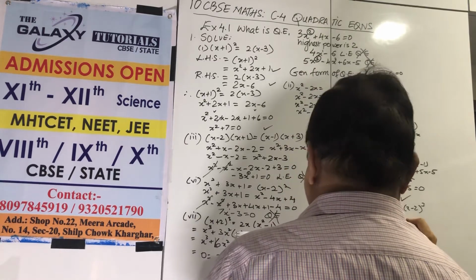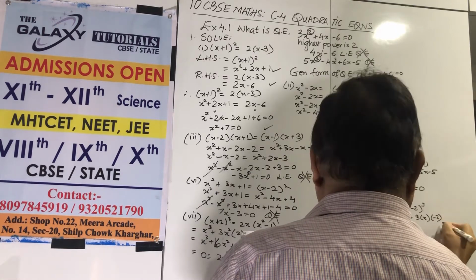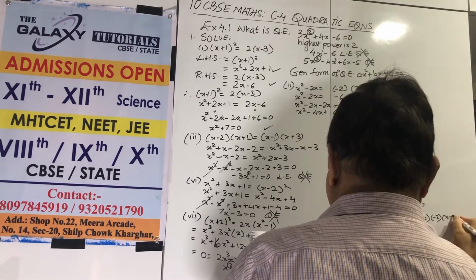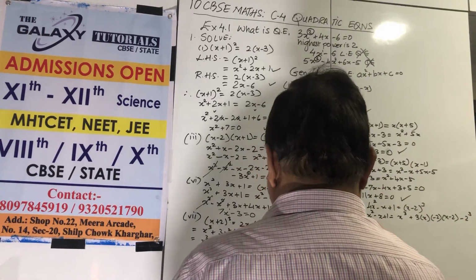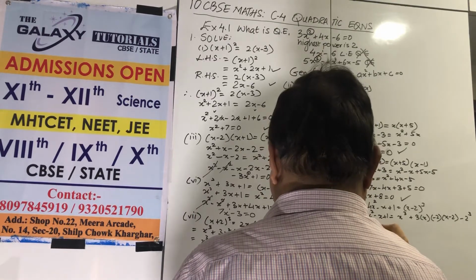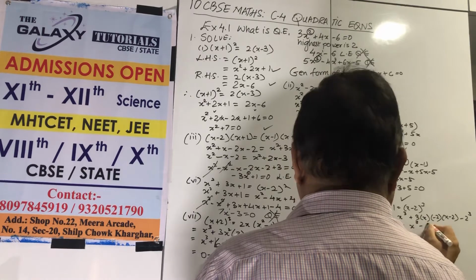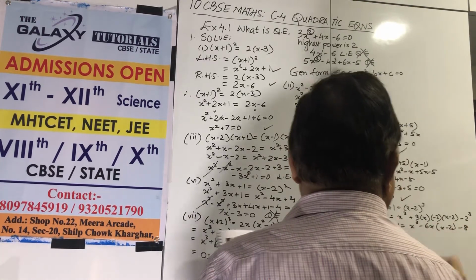So this will be x cube plus 3 into x into minus 2, into x minus 2 cube. So this will give me x cube minus 4x square minus x plus 1 is x cube minus 6x into x minus 2 minus 8.